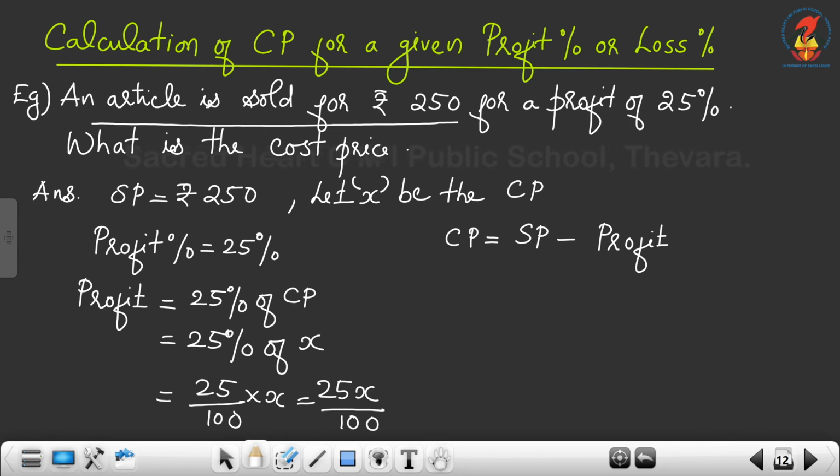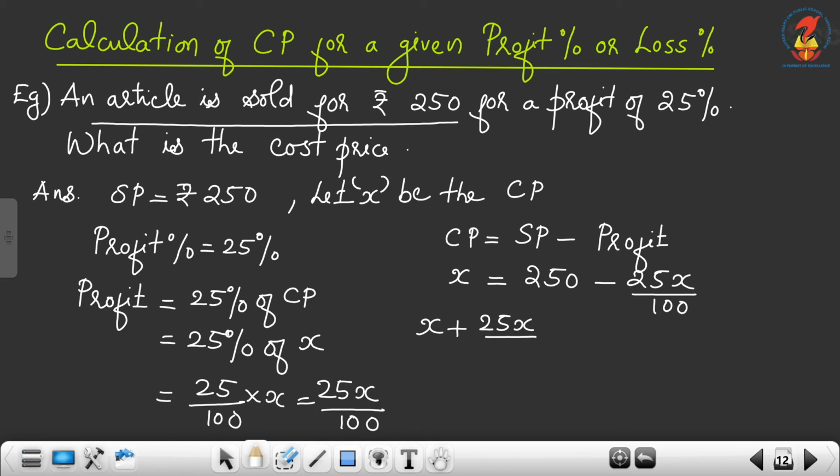So cost price is equal to X, and the selling price is 250 minus profit is 25X by 100. Now we can move this part to left side. So X plus 25X by 100 equal to 250.